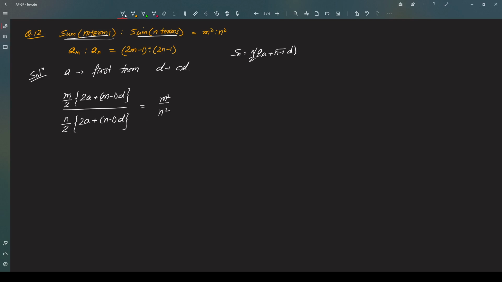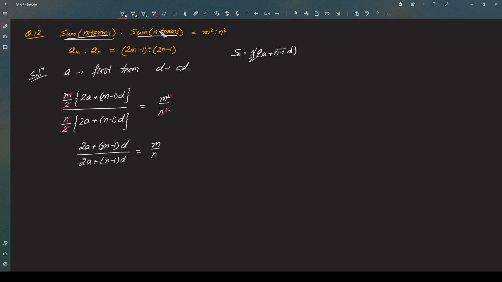So now we'll just simplify this, right? If you simplify this, what will happen? This by 2 is gone, and m by n. Okay, so after simplification, this is 2a plus m minus 1 into d divided by 2a plus n minus 1 into d. So this ratio is m divided by n.